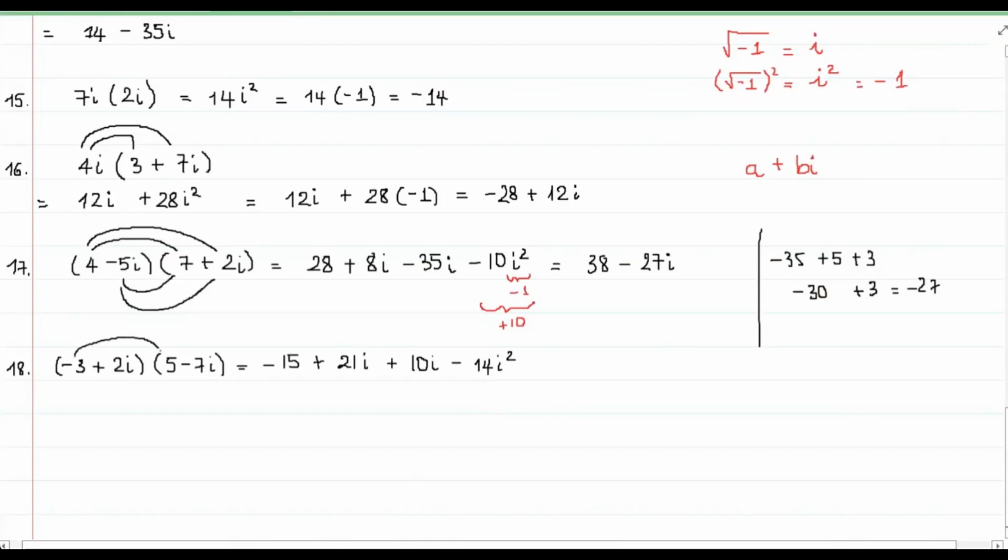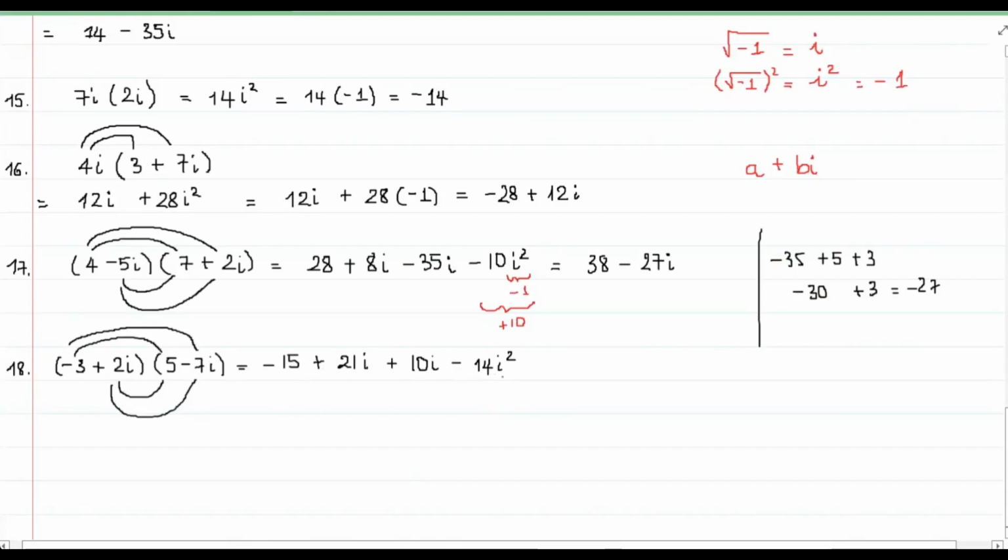Negative 3 times 5 is negative 15. Negative 3 times negative 7i makes positive 21i. 2i times 5 is 10i. 2i times negative 7i is negative 14i squared.